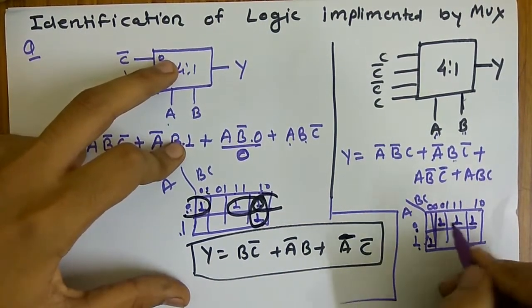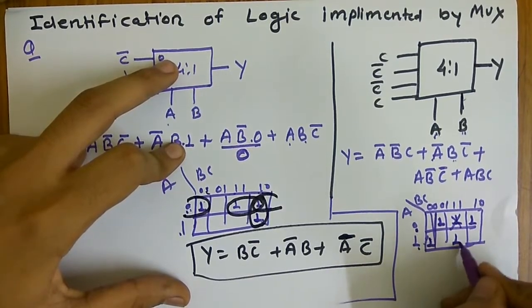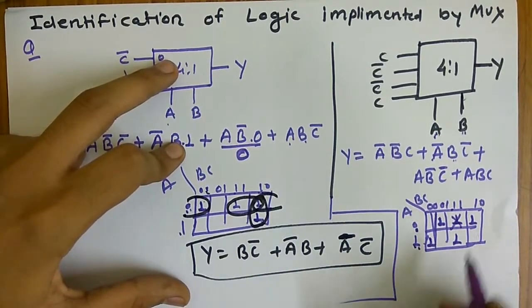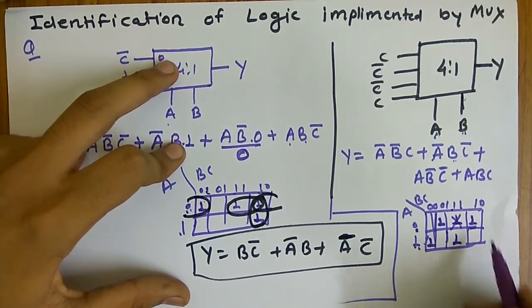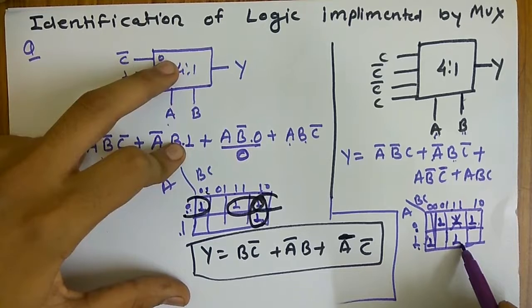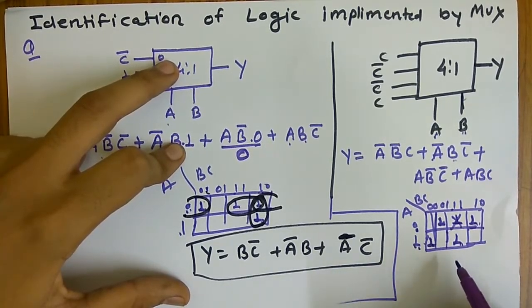So this is the kmap for this one, and we have to solve it. We know that this is the diagonal adjacency, so we can't simplify diagonal adjacency.